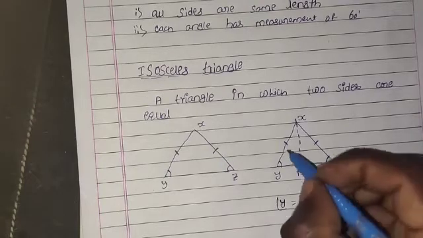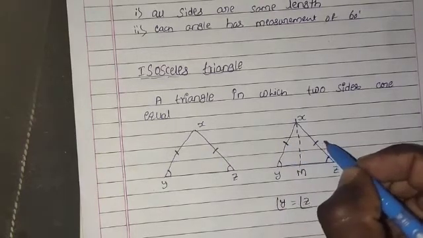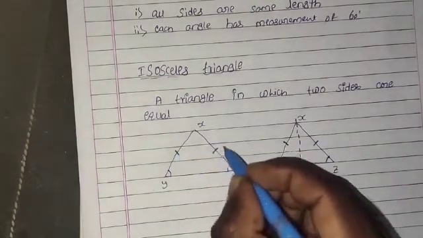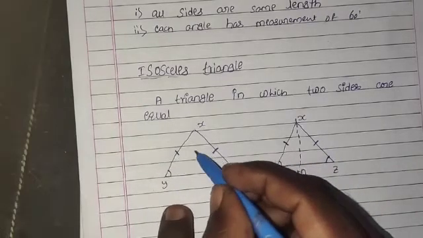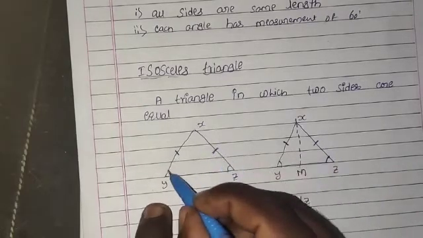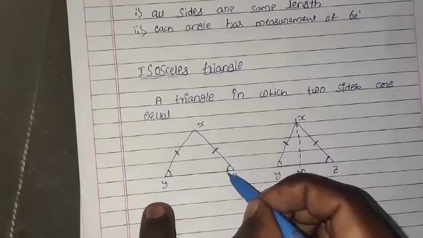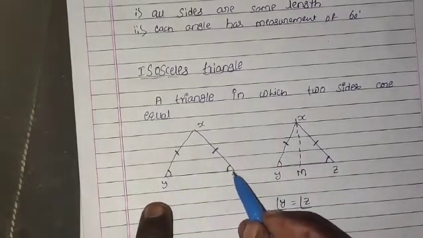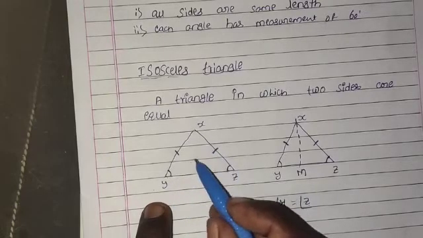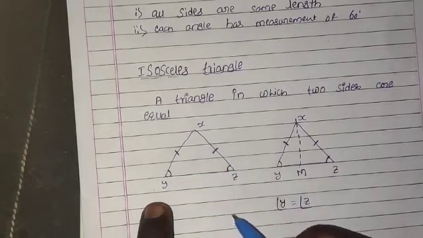sides are equal. These two are equal sides. Opposite the equal sides are the base angles, and these base angles are always equal. In an isosceles triangle, the base angles opposite to the equal sides are always equal.